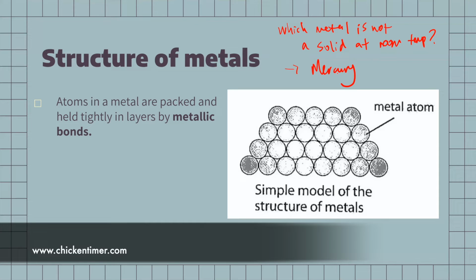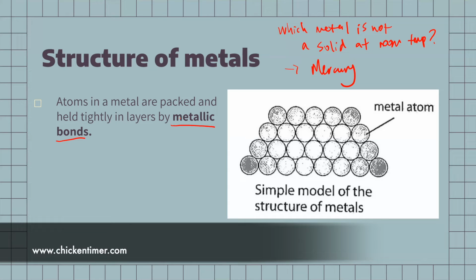The metal atoms are packed, as you say, closely packed in a regular arrangement. There is nothing new to introduce. I think I've talked about it, but I said it's not in syllabus. So atoms in metals are held in layers by something called metallic bonding.